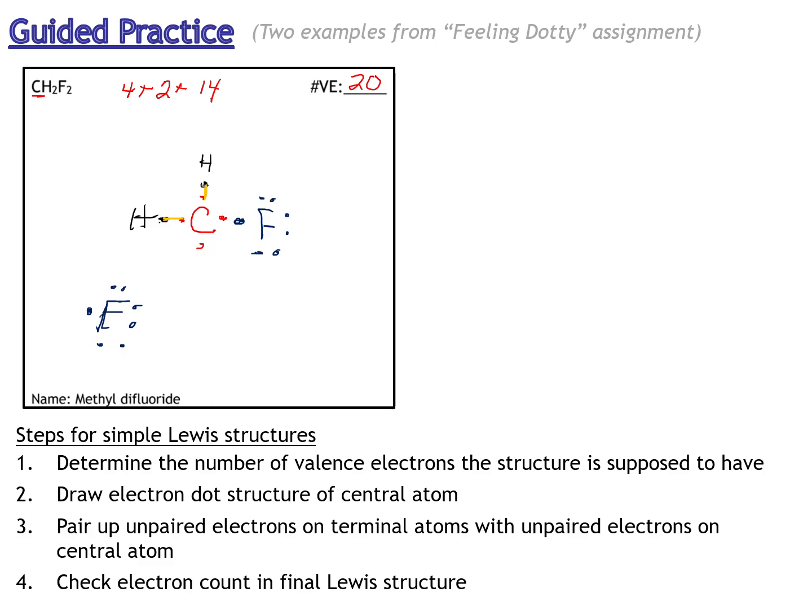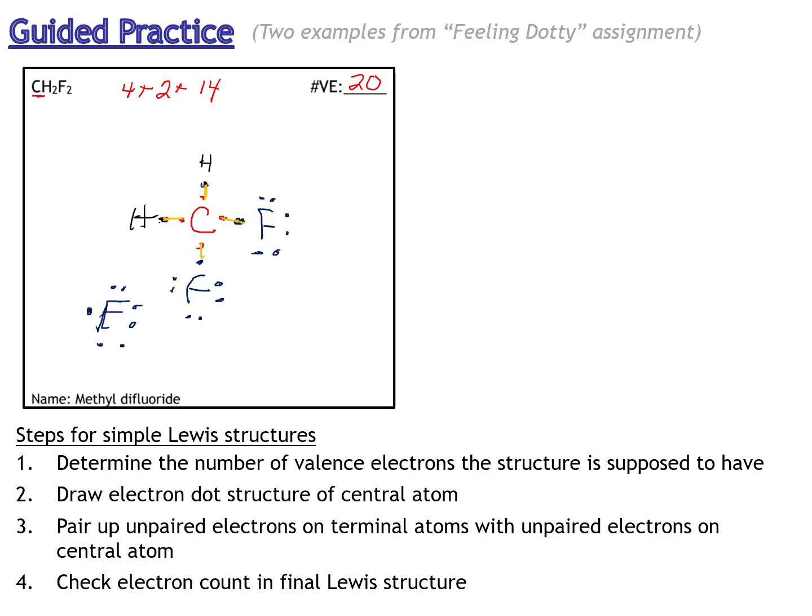And they are going to make a single bond. And then we got the other fluorine. You'd think by now my handwriting would be better with this tablet. And there we go.